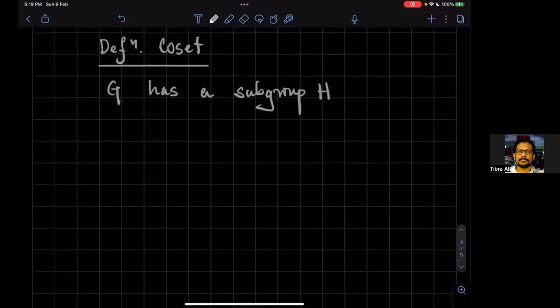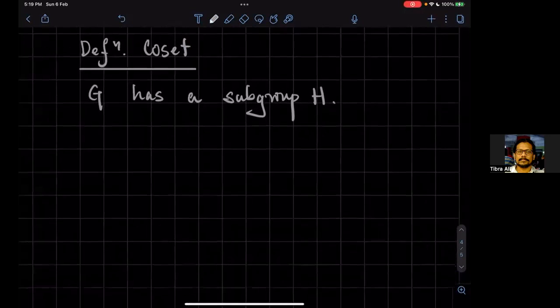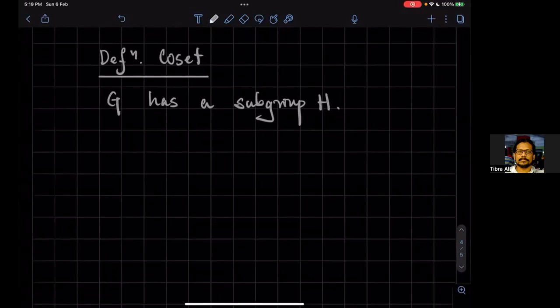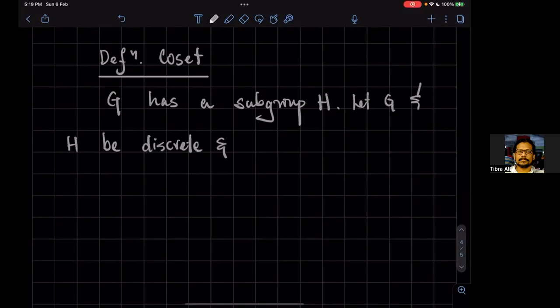It can be an improper subgroup as well. For definiteness, because I want you to get the idea, let G and of course H be discrete and finite.